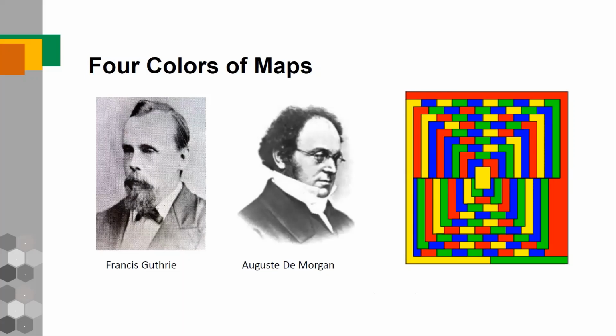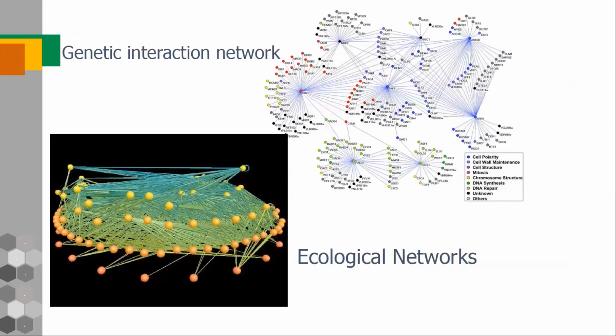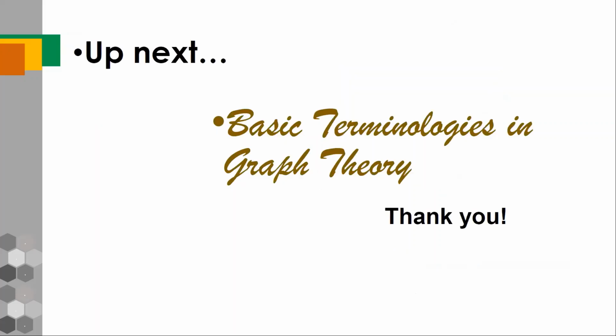Its application is coloring maps, such that no neighboring regions have the same color. We also have commonly known applications of graph theory: transportation networks, internets, and also genetic interaction networks and ecological networks.